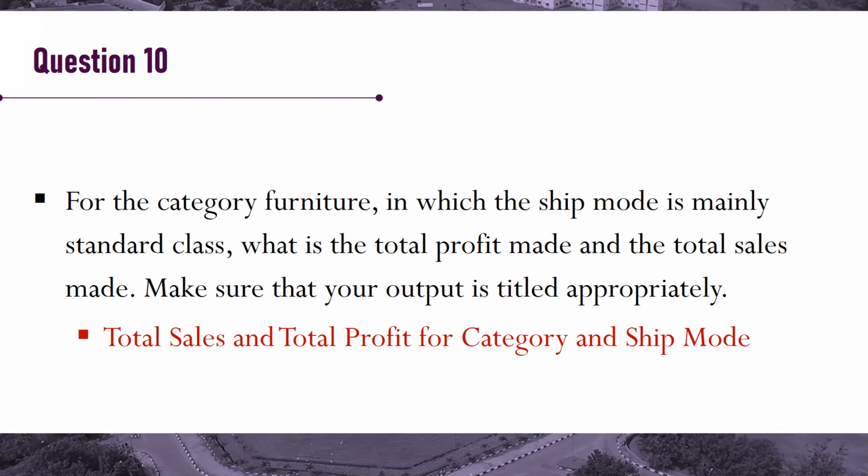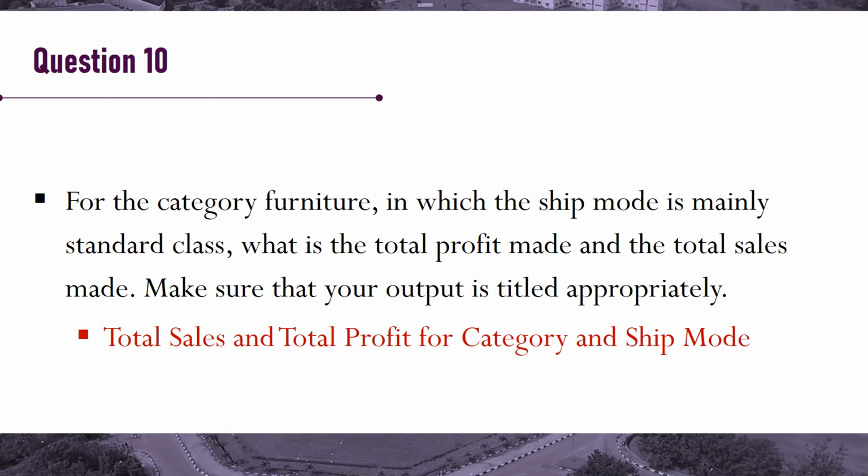Is the question specifying for furniture and standard class or general? No, that is standard furniture. So you know, there's a category called furniture. Yes. So for furniture, the ship mode has to be standard class. So we now want to know the total profit made and the total sales made.